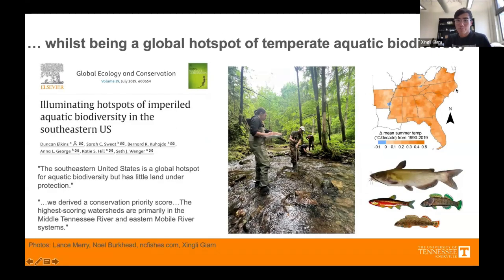And it's a problem because we know that the southeastern US is a really important region for biodiversity, and it's not just important for North America, it's actually really important globally.